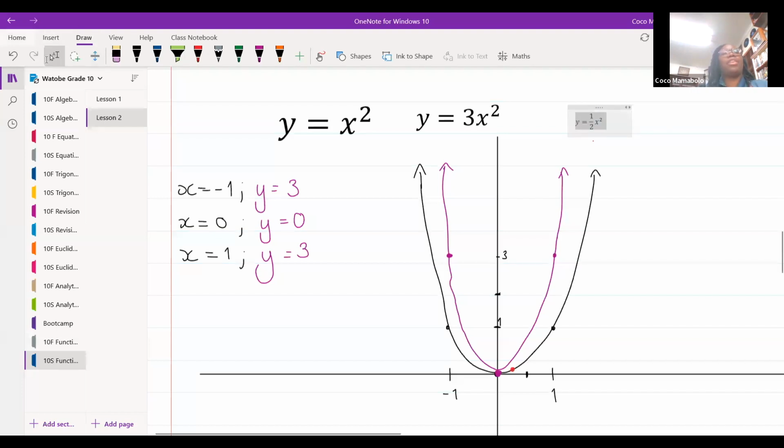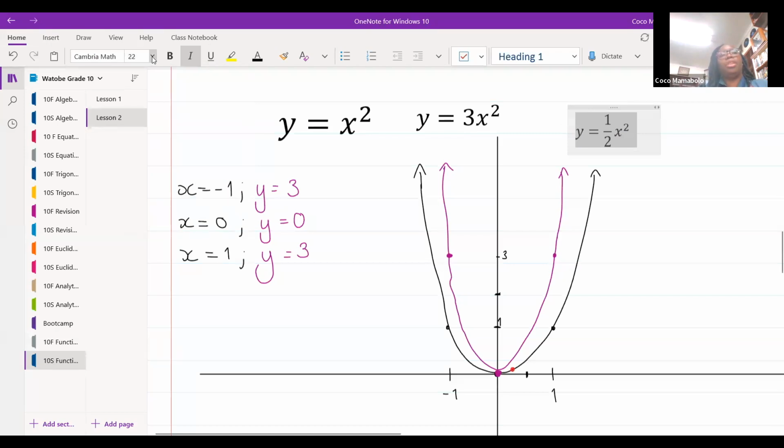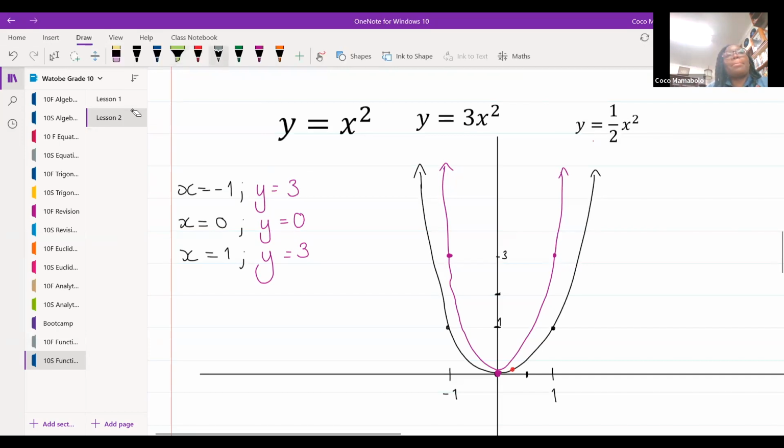Right, now if I add this graph, Esona, what do you think my graph will look like? Compare it to my original black graph over here, and tell me, what do you think y is equal to a half x squared will look like? Will the graph be thinner, if I may say? Will it shrink towards the y-axis?